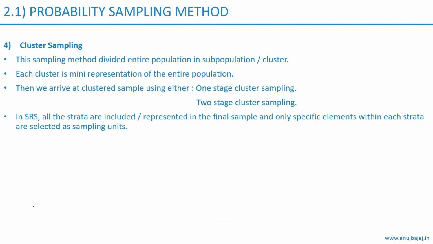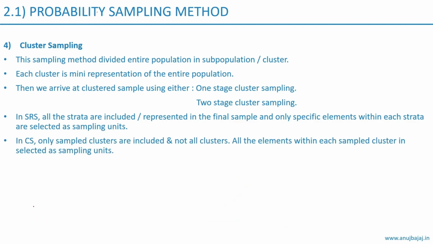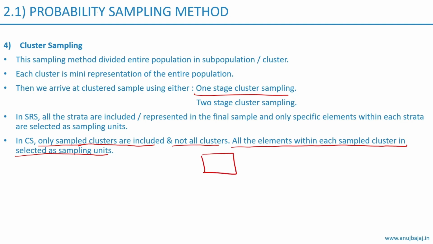But in the case of cluster sampling, specifically the one-stage cluster sampling, only the selected clusters are included and not all the clusters, and all the elements within each selected cluster are selected in the final sample. So suppose this is the entire population, and we divide it into say 50 clusters.